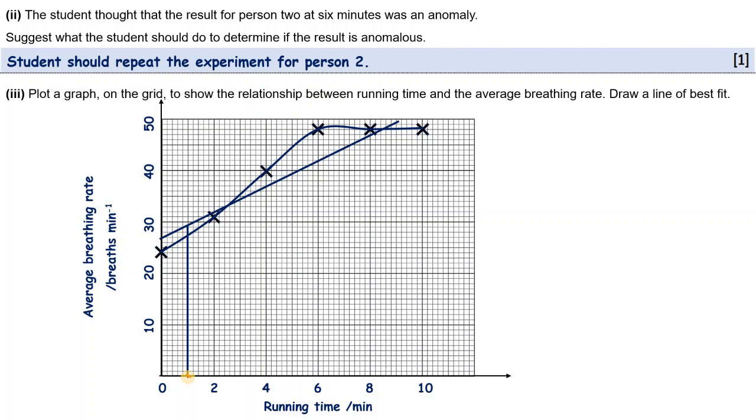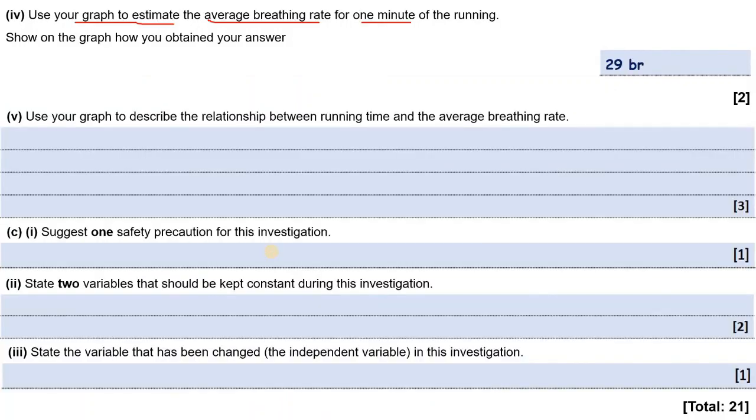From where the best fit line is touching at 1 minute, a horizontal line needs to be drawn to the y-axis where average breathing rate in breaths per minute is shown. Now when we do this, we get the answer as 29 breaths per minute, and we enter this value. We go to the next question.